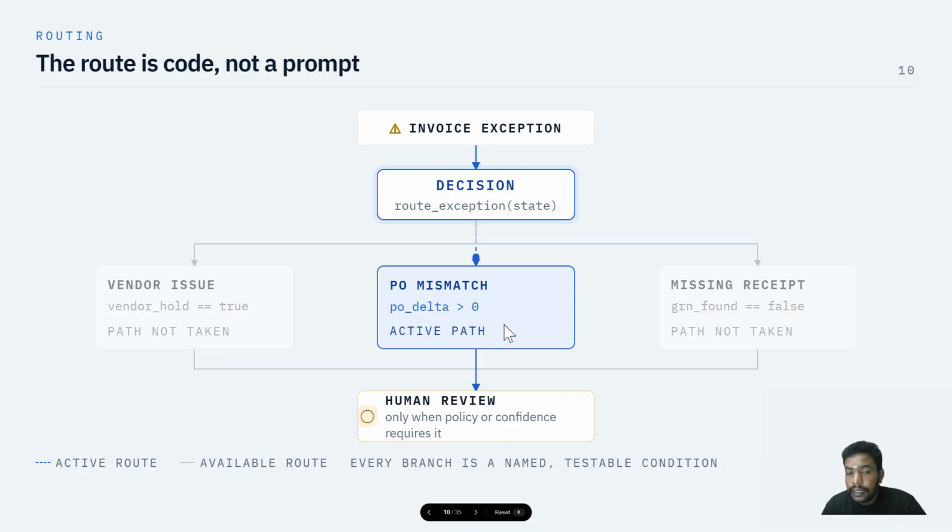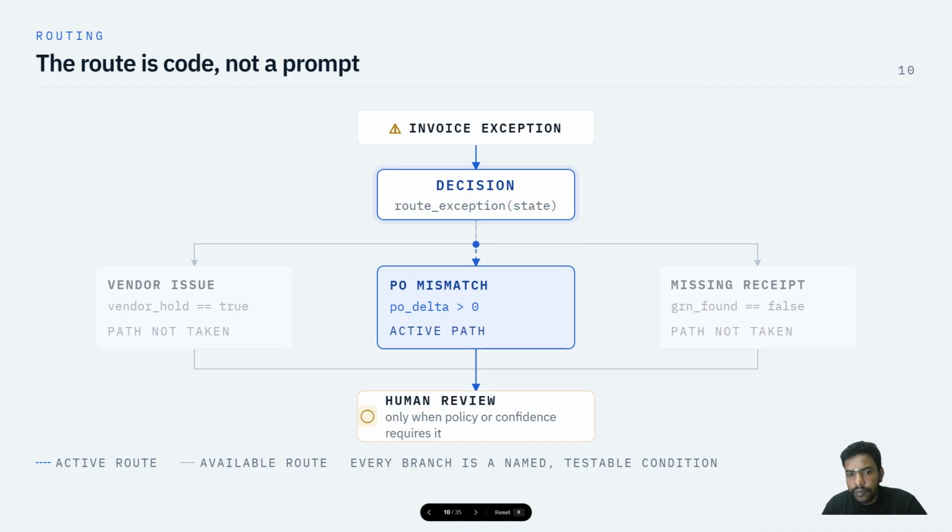This distinction matters enormously in enterprise work. It means a regression is reproducible. It means a new exception type is a code change with a review. And it means an auditor can be shown why this specific case went down this specific path.